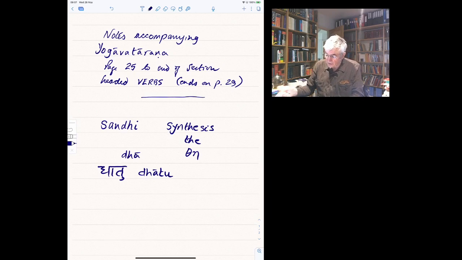Actually, the word dhatu is from the same origin as this dha, which is the root of the ending in sandhi. It means a putting or a layering, a placing down. Exactly why it has come to mean an element, I don't yet know. I will let you know if I find out.